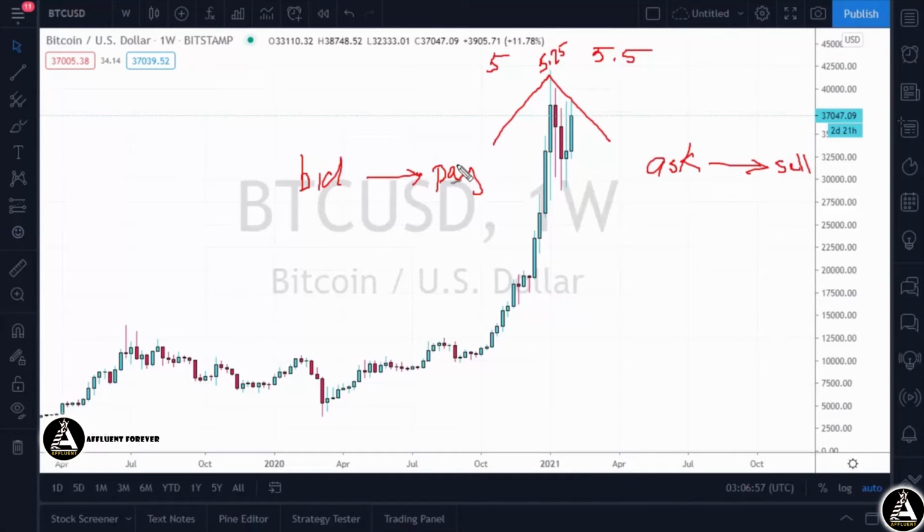So if you are the buyer and you really want this asset, you're going to come up here and pay 5.5 for it, and you're paying the ask. If you are the seller and you're aggressively wanting to sell, you might do what they call hit the bid. So you would sell it at 5. So the bid is just simply what you can sell it for. Ask is what you can buy it for.